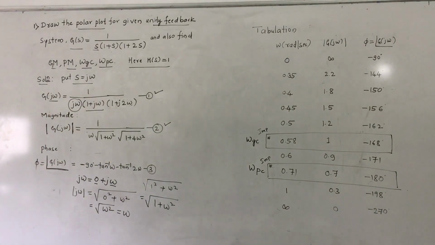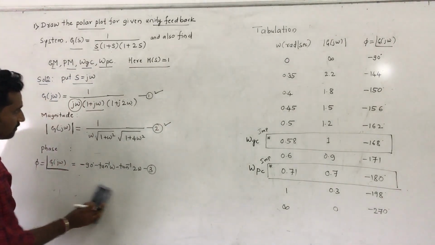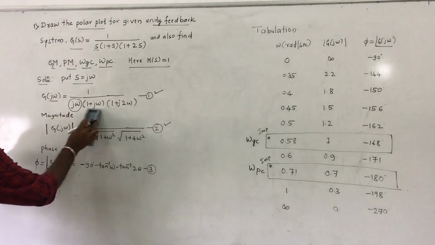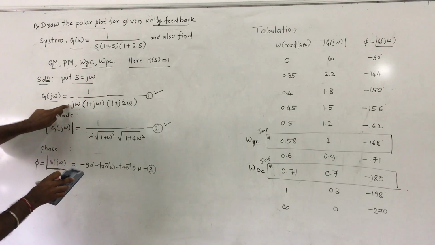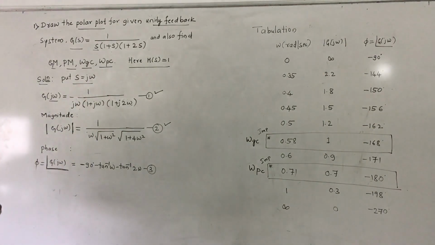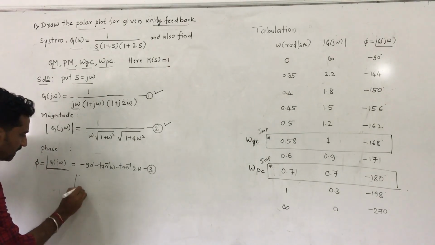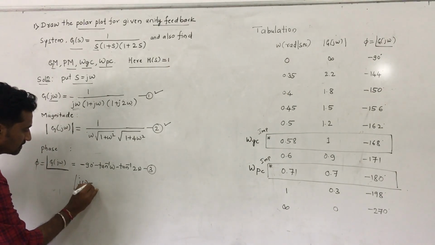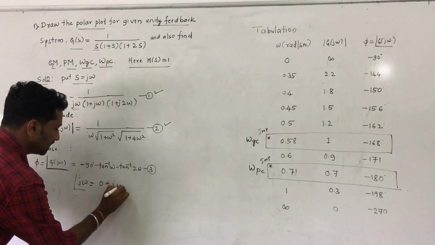Similarly, we need to find the phase also, the phase for equation number 1. How do we find the phase of any term? Let us take the first one, which can be written as 0 plus j omega.